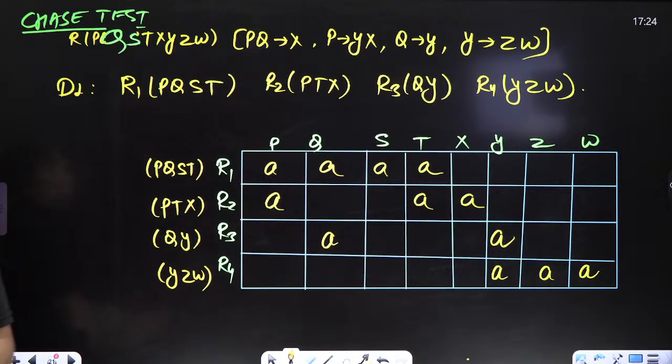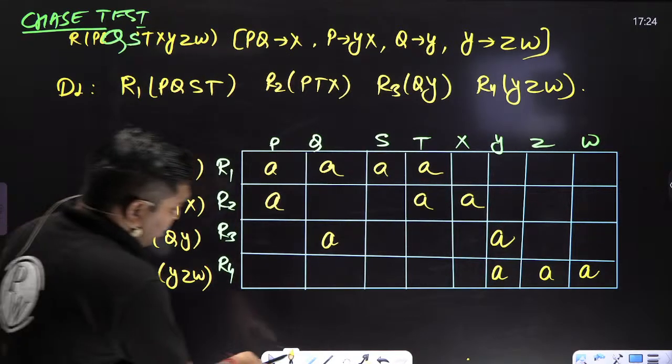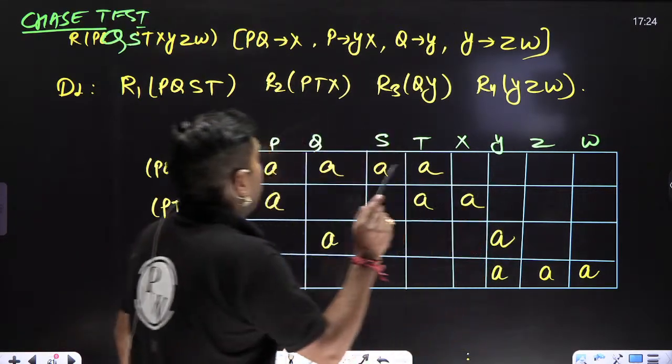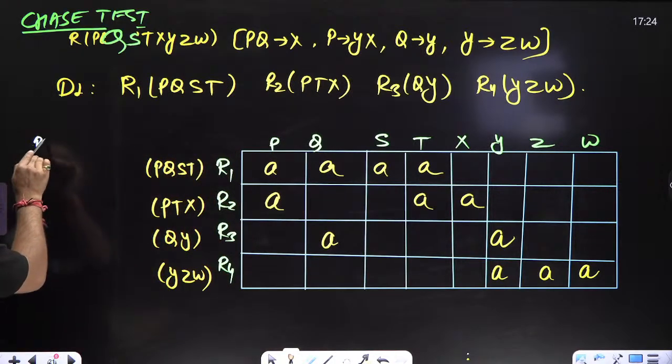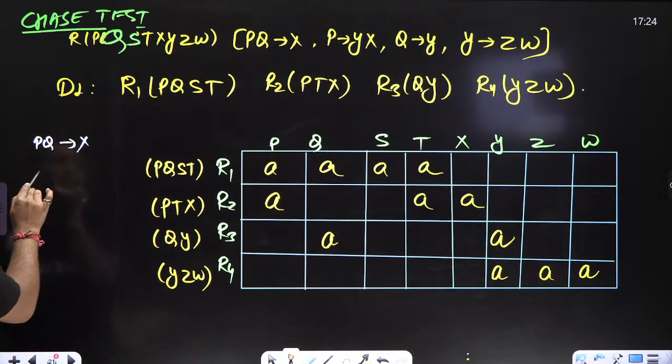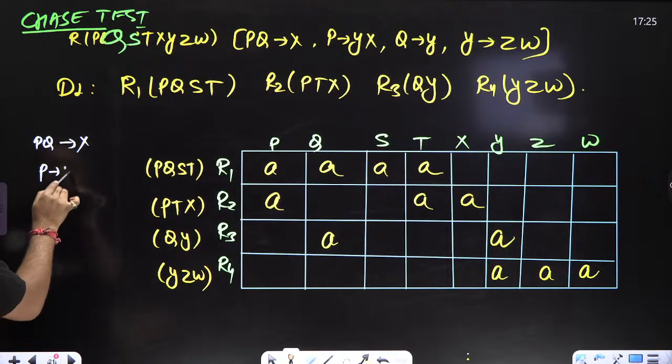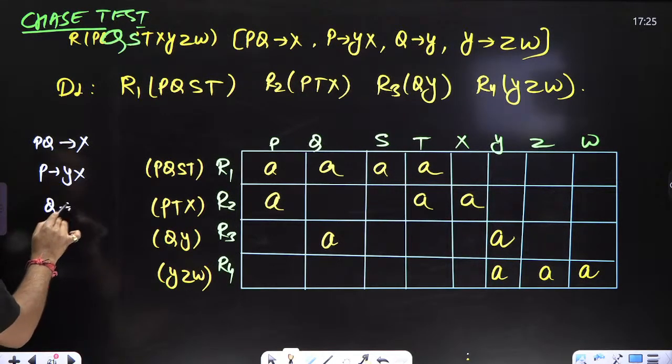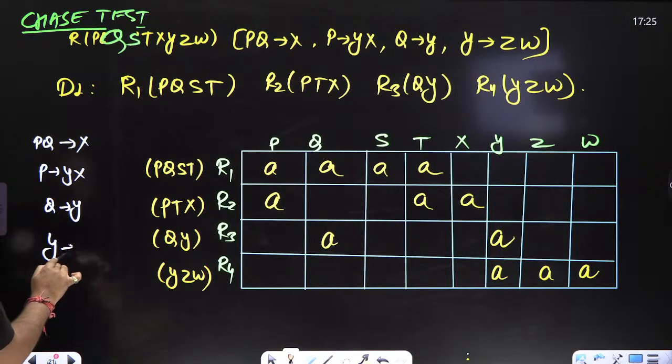Now you apply the condition. What do you do? Just write each and every FD. PQ determines X. P determines YX. Q determines Y. Y determines ZW.